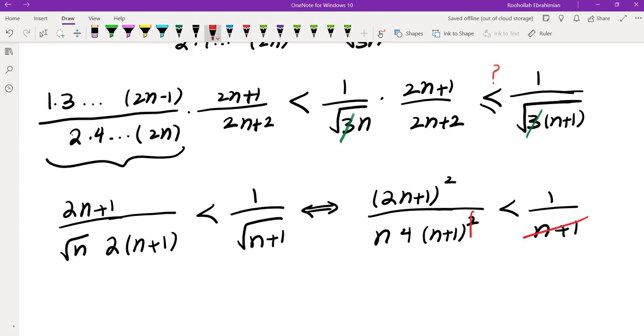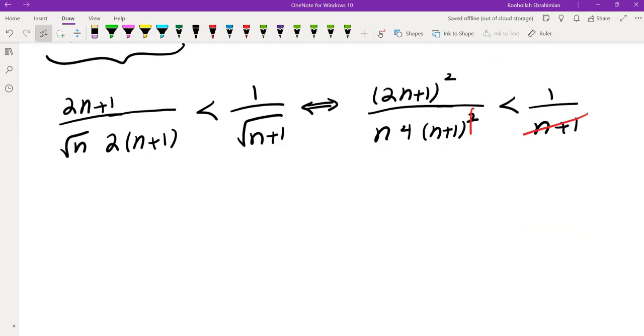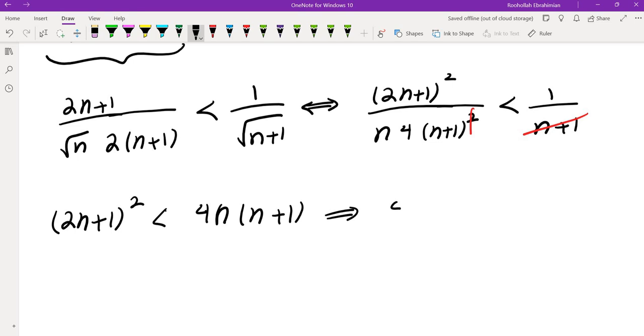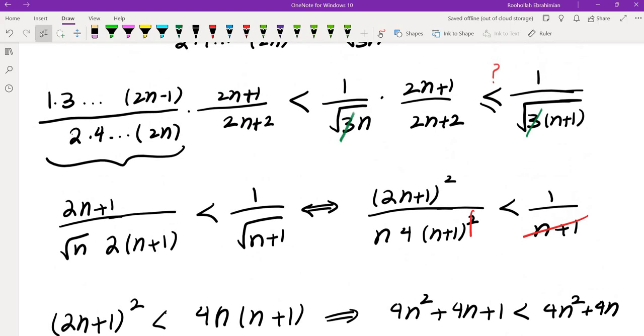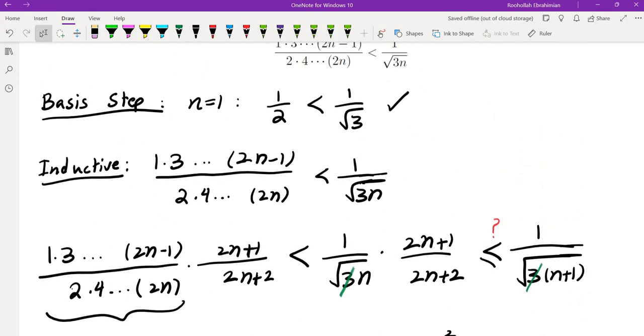So n plus 1 cancels, and we get (2n plus 1) squared is less than 4 times n times (n plus 1). So this is the same as 4n squared plus 4n plus 1 is less than 4n squared plus 4n, which clearly is not a valid inequality. So this method of induction does not really work for this problem.